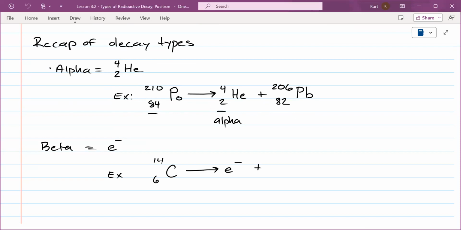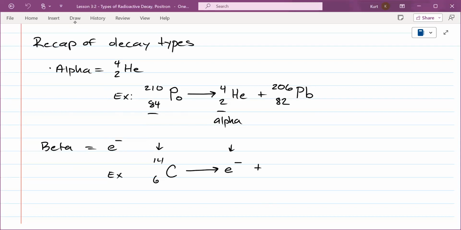If this side is 14 and the electron basically means 0, what will the other mass number be for our mystery isotope?